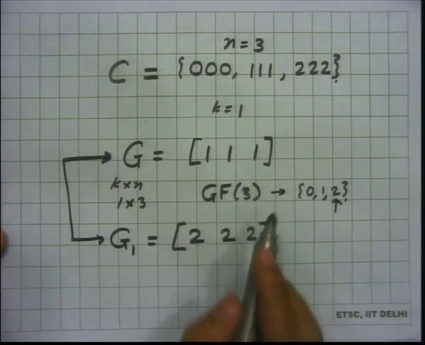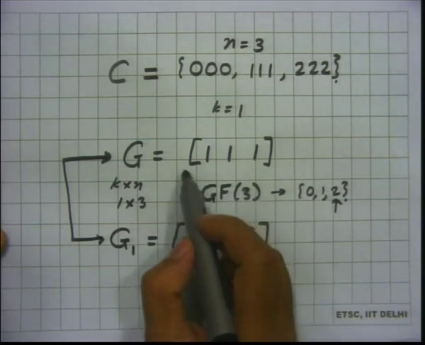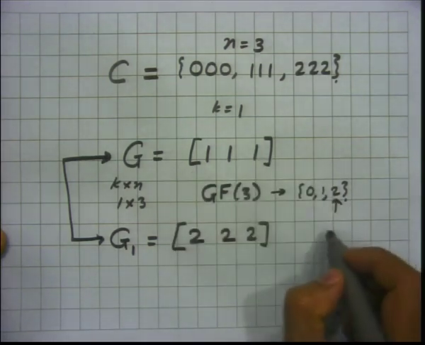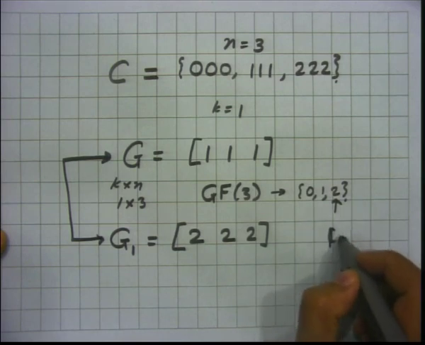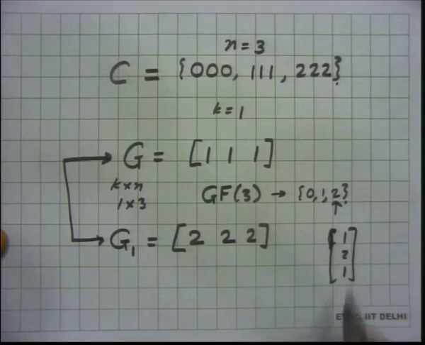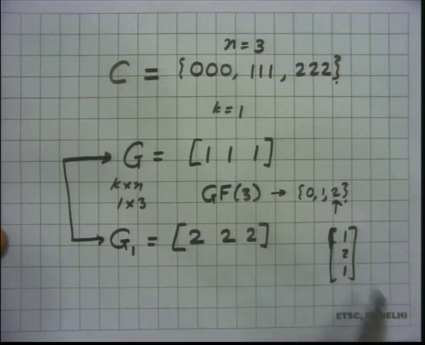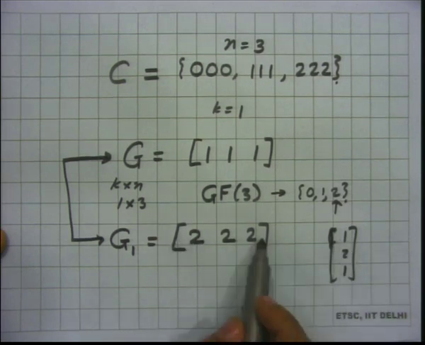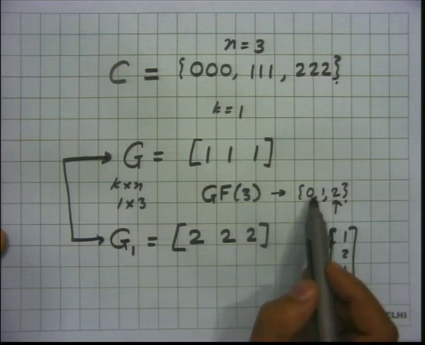A vector could be like 1 2 1. This could be a vector. We don't entertain multiplication by a vector. It will change the dimension and other things. Just a scalar multiplication means you multiply with any one of the elements which is non-zero.